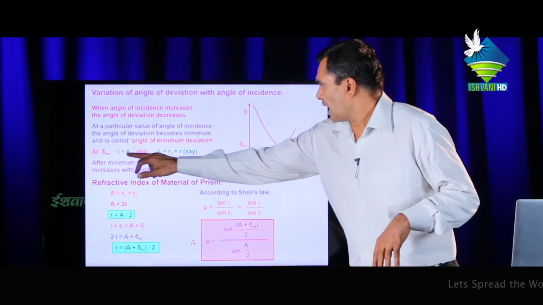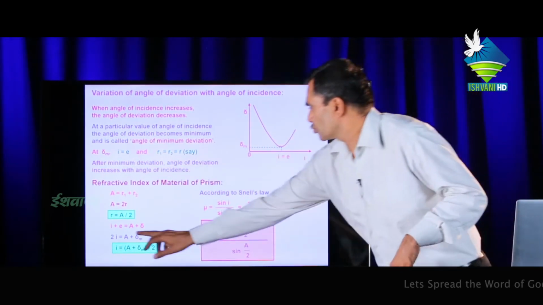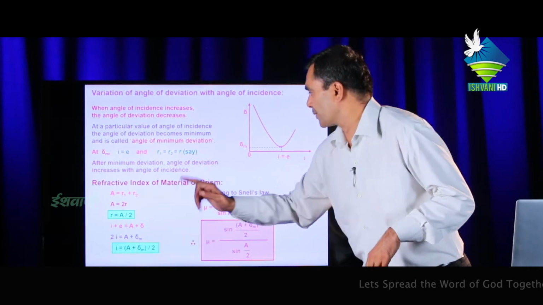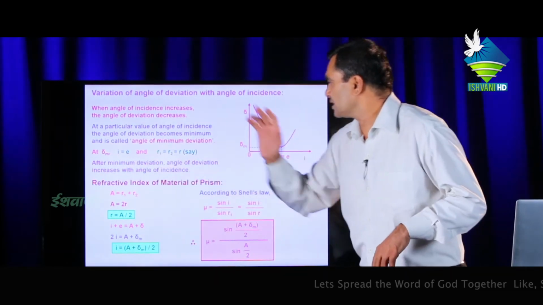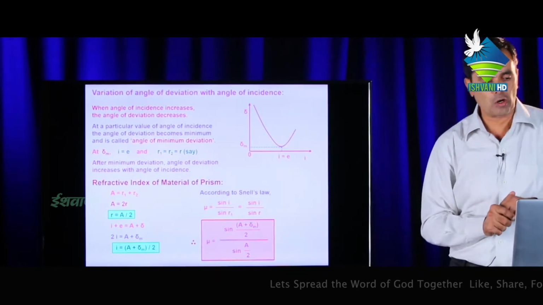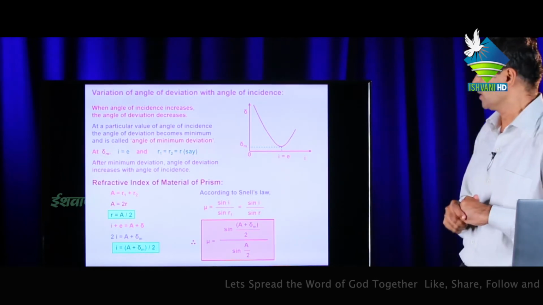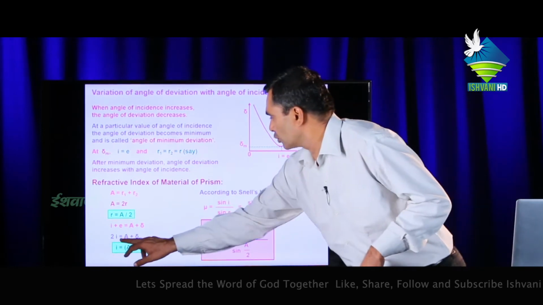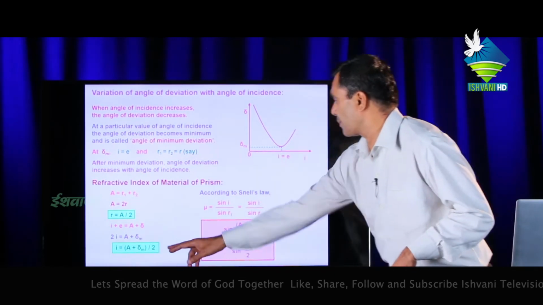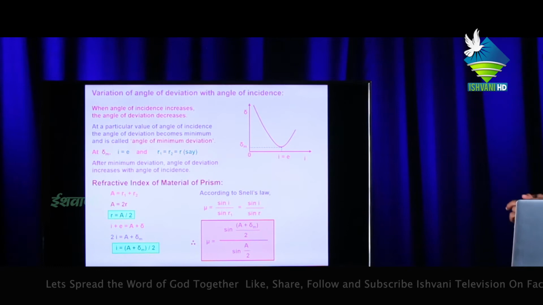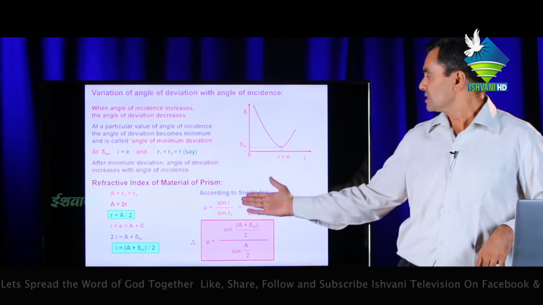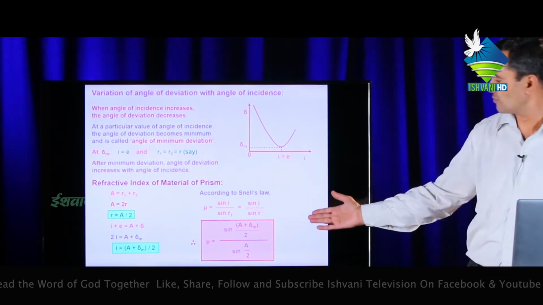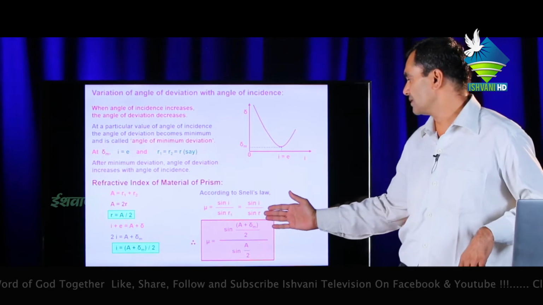Since I and E are the same, 2I equals A plus delta M, because if I equals E, the angle of deviation is the angle of minimum deviation. Then I equals (A plus delta M) upon 2. By Snell's law, mu equals sine I upon sine R1, or sine I upon sine R.